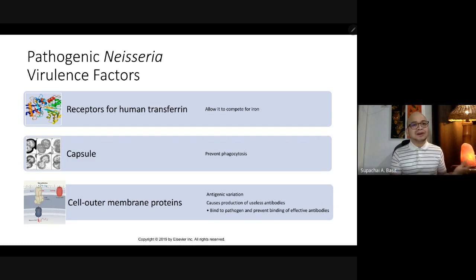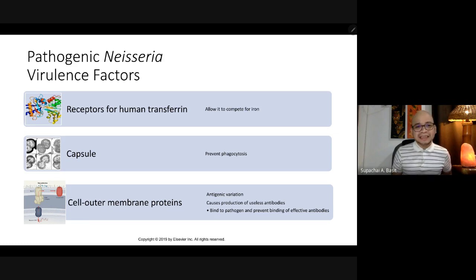So let's talk about the virulence factors for Neisseria gonorrhoeae. One of them, not necessarily for gonorrhoeae but for Neisseria generally, is that they have receptors for human transferrin.